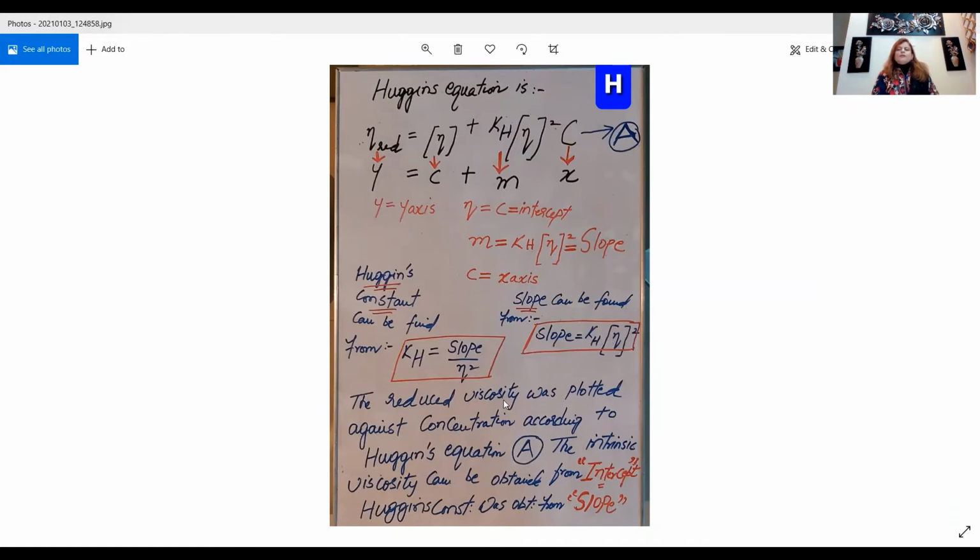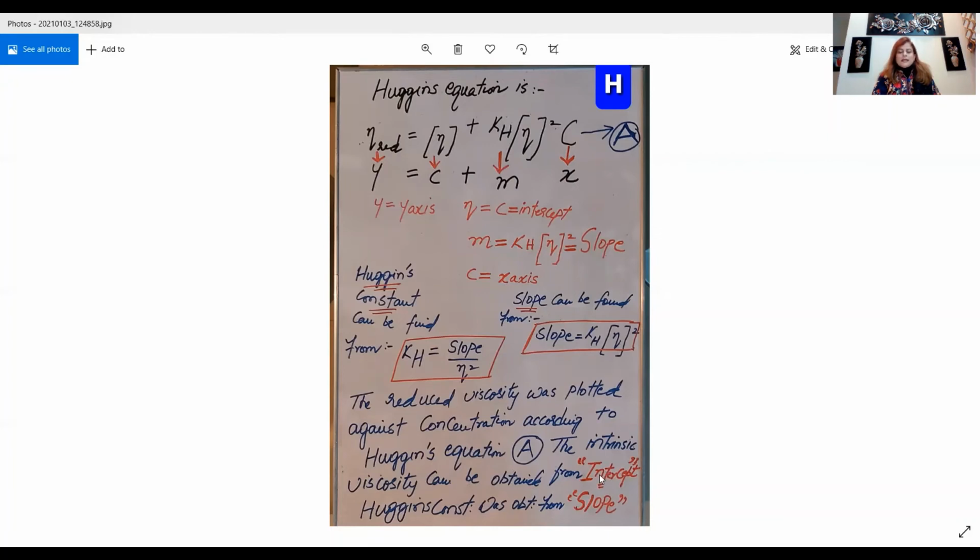Okay, so the reduced viscosity was plotted against concentration according to Huggins equation A, that is this one, right? And the intrinsic viscosity was calculated from the intercept. Now, what is the intercept?